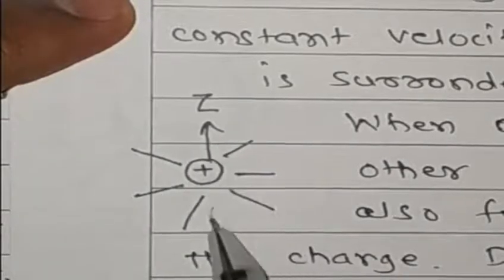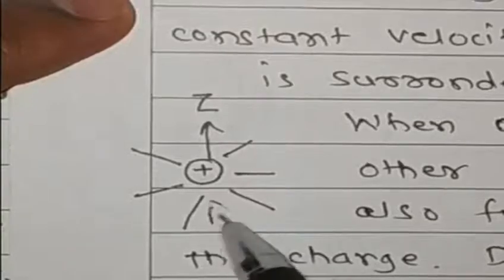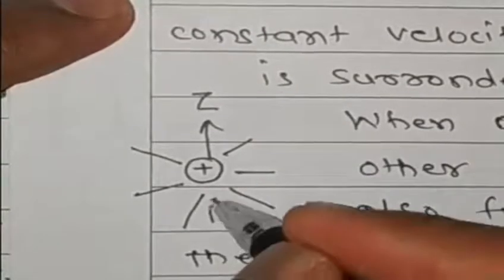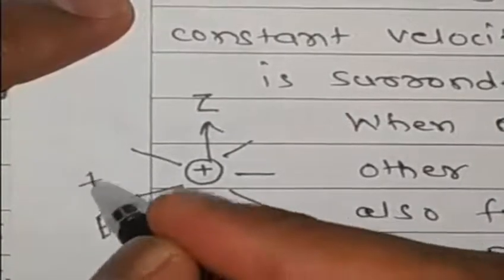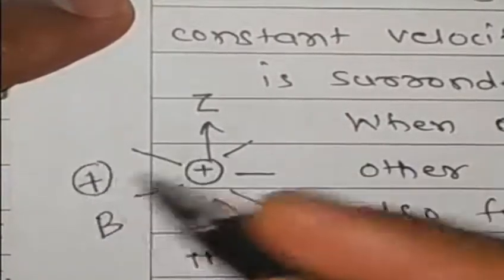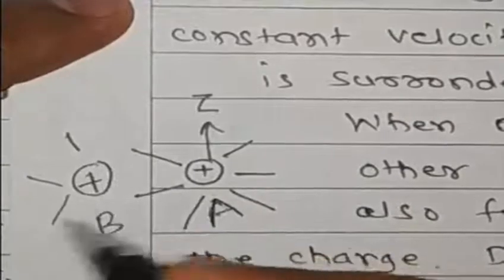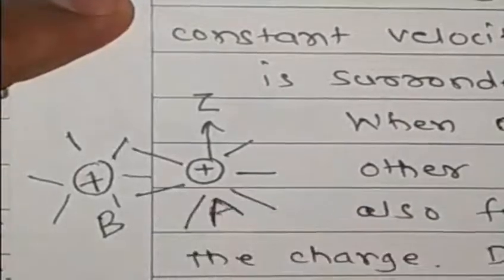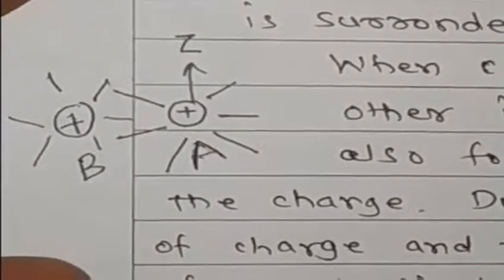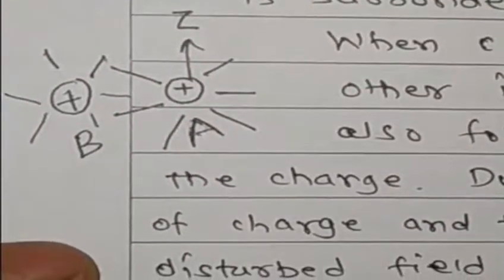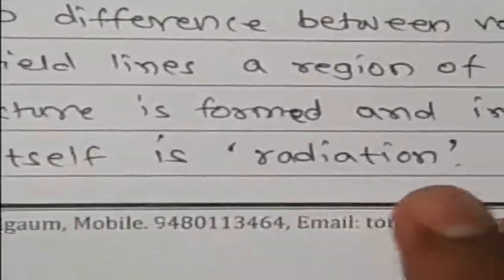So let's say this is a point A and the charge particle is moving to point B in a certain time interval; the charge particle will move first and the field lines will surround it at a later time. The disturbance is generated basically because of the differences in these velocities, and this disturbance itself is called radiation.